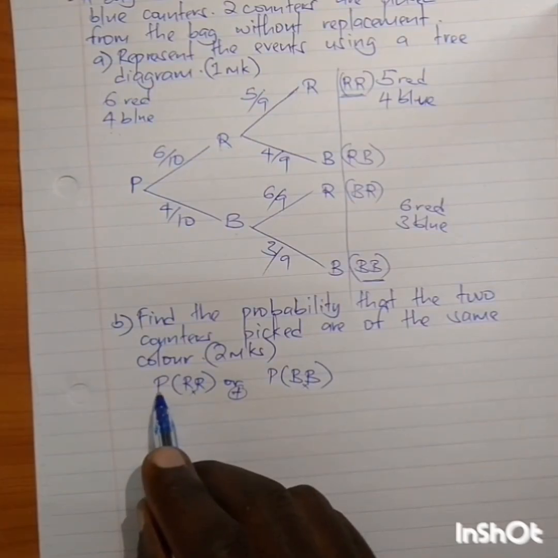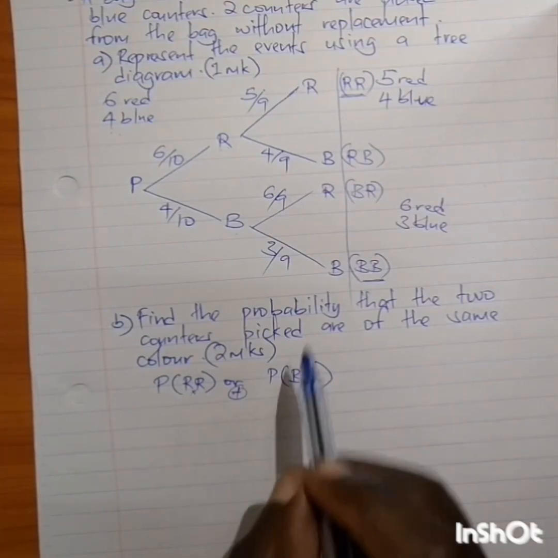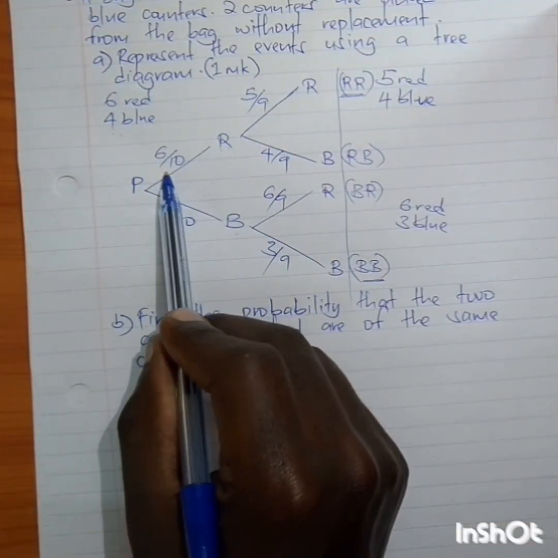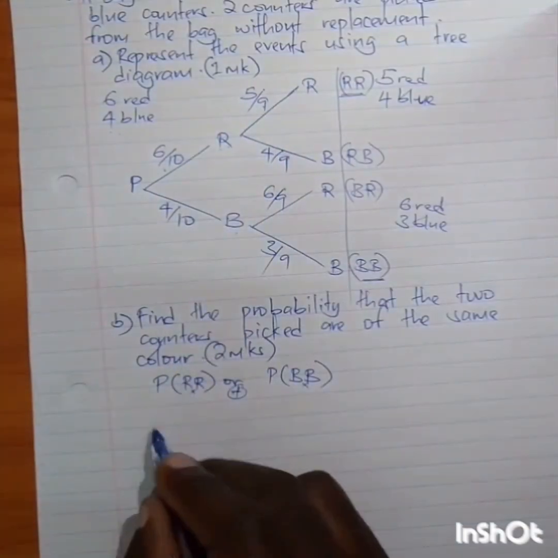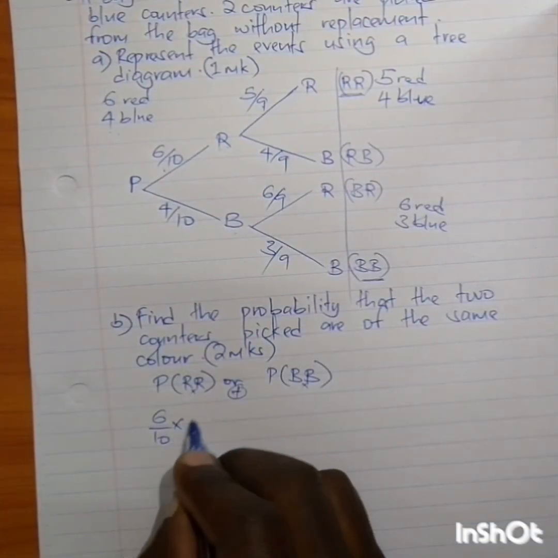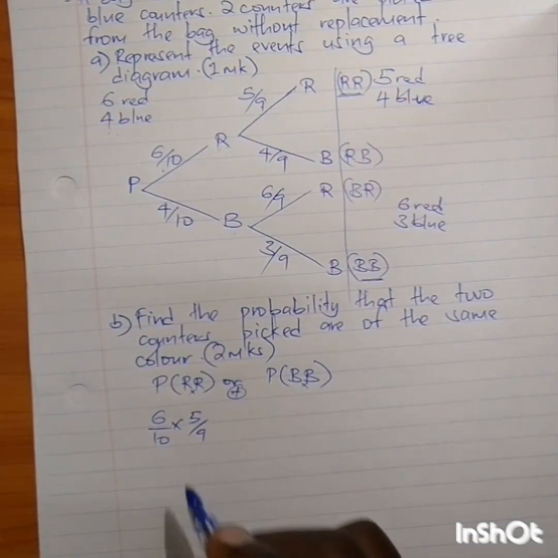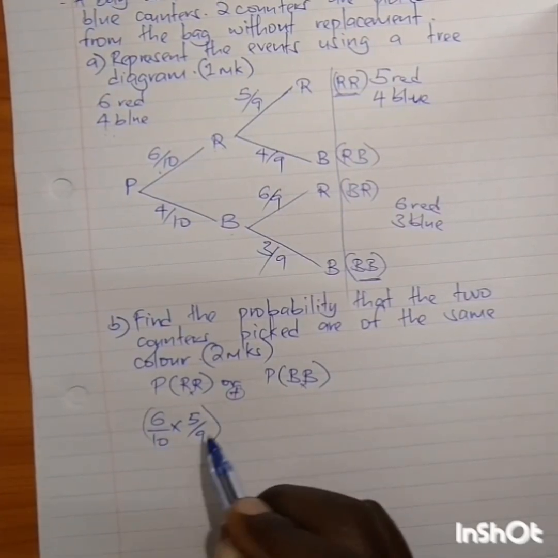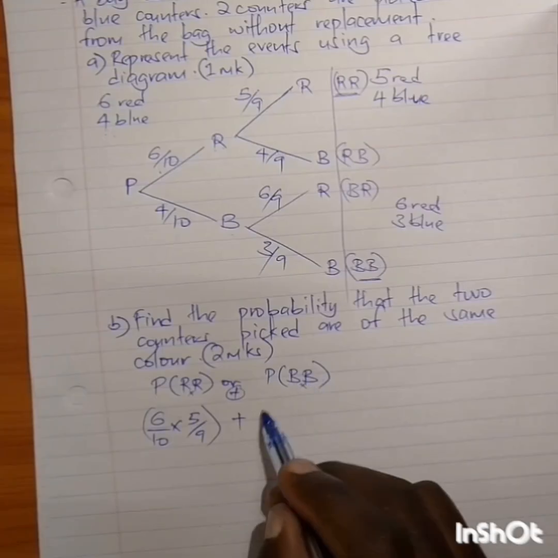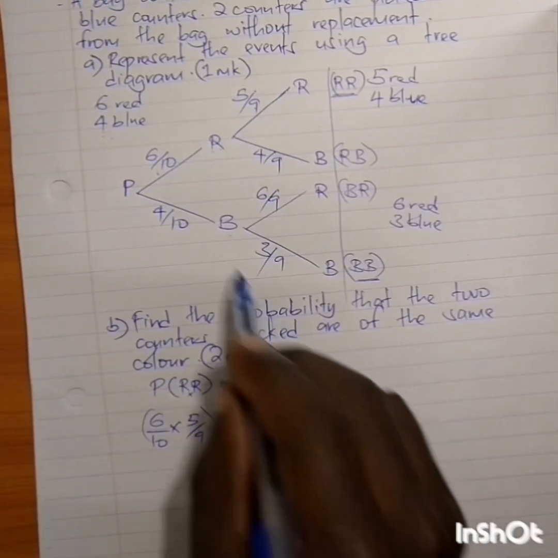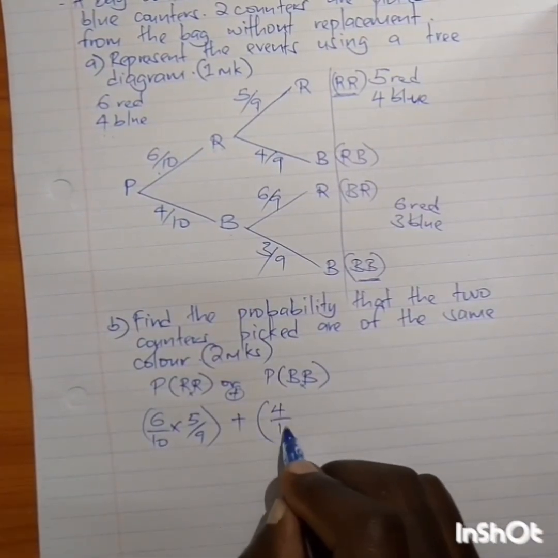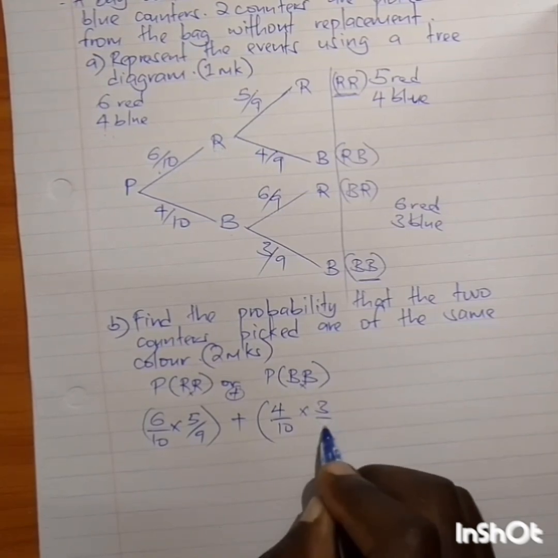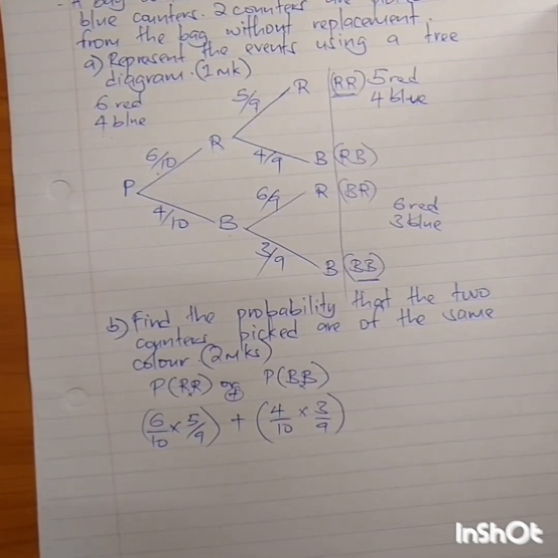So the probability of picking red and red will be 6 over 10 multiplied by 5 over 9, and then we add the next one, which is 4 over 10 multiplied by 3 over 9.